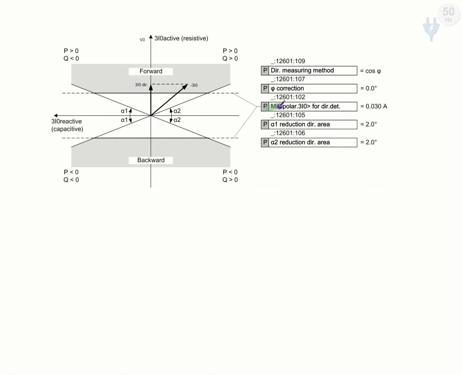That is minimum polarization zero sequence current for the direction determination, that is these lines. It means how much current we limit, that beyond that amount of the current, our system will start determining the direction, whether in forward or in reverse direction.